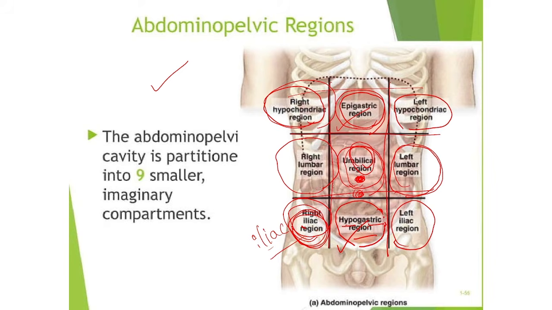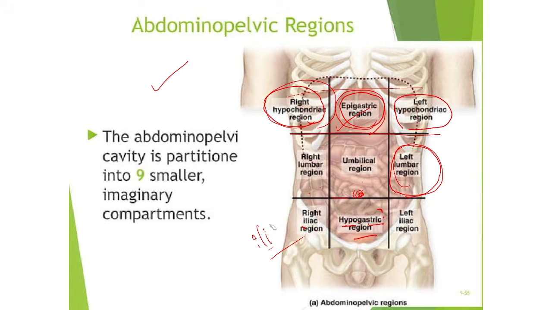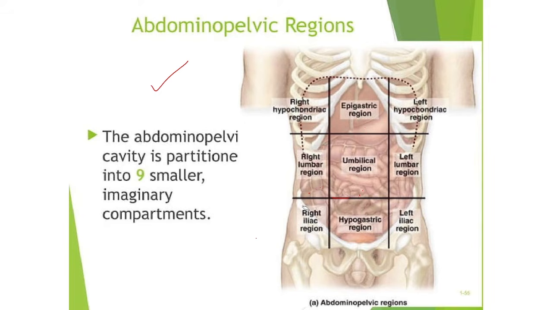You should know this region. You should study it, it's very, very important. Once again, the center portion is the umbilical region, the upper portion of the umbilical region is the epigastric region, and the lower portion is the hypogastric region. Epi and hypo. In the umbilical region, the right side is the right lumbar region, the left side is the left lumbar region.